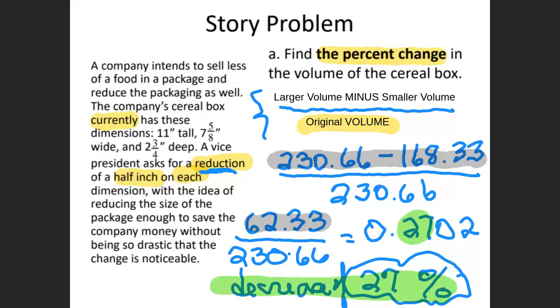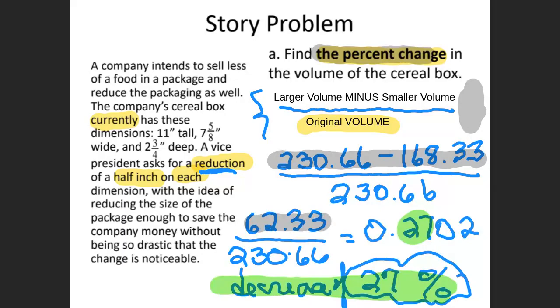Okay. Because we have to find the percent of change. The percent of change has that old formula that we got to remember. So you take the numerator, the 2 answers we got from the next 2 slides, the larger volume, the smaller volume, and then we divide it by the original volume.